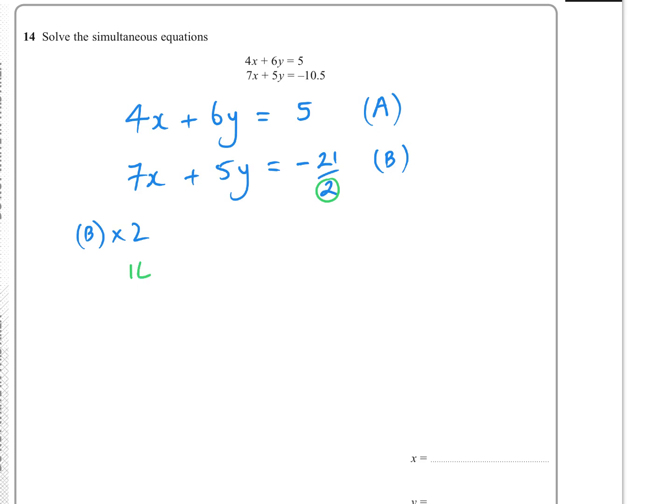So that will give me 14x plus 10y equals negative 21, and I can call that equation C.